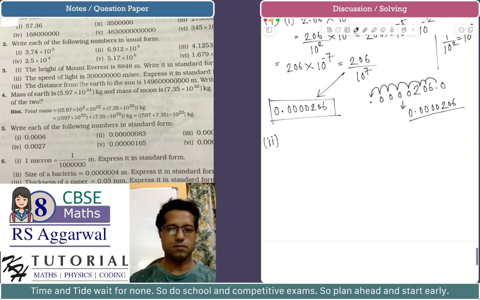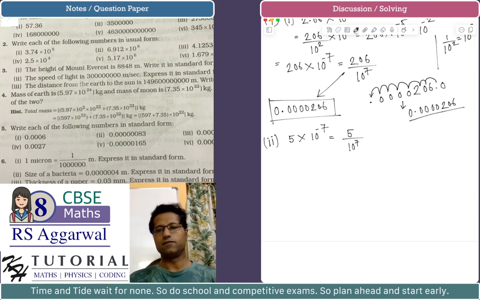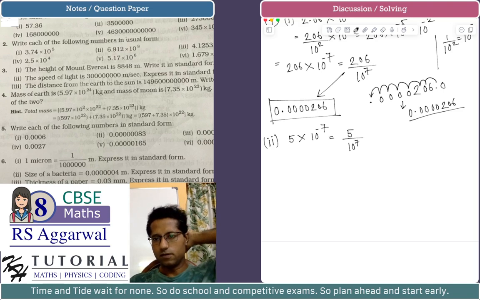Part 2 is 5 multiplied by 10 to the power minus 7. This is nothing but basically you are dividing 5 by 10 to the power 7. So I have to convert the number 5, which is in the numerator, by shifting the decimal point. 5 has no decimal point, but you can consider it as 5.0.